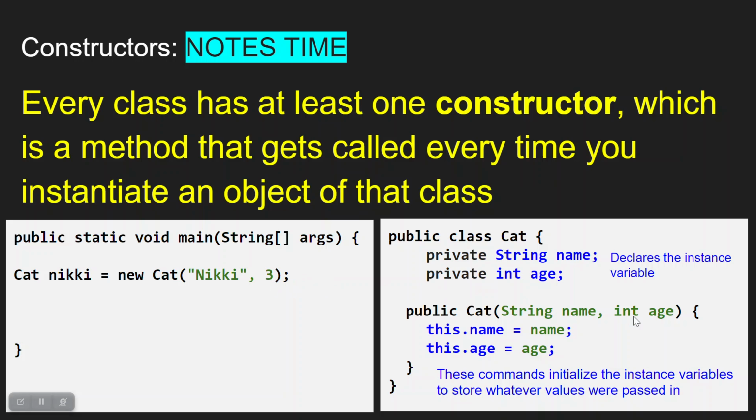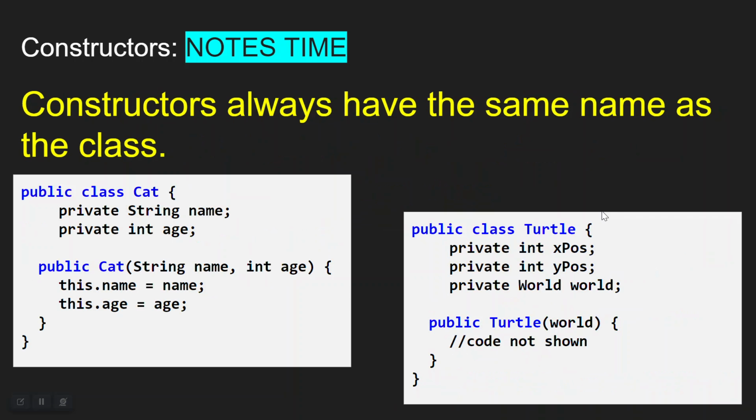So 3 gets passed in as age, and then that is used to initialize the instance variable for this particular object. That's basically how constructors work. This shows you the interplay between when you call a constructor versus what's happening behind the scenes in the class file.